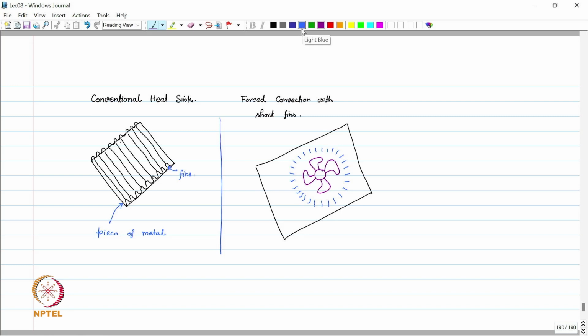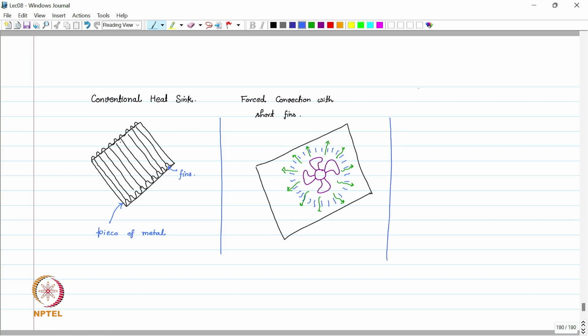So in this type of arrangement, this air will be forced through these fins, and by convection this heat will be removed from these fins. This is forced convection.